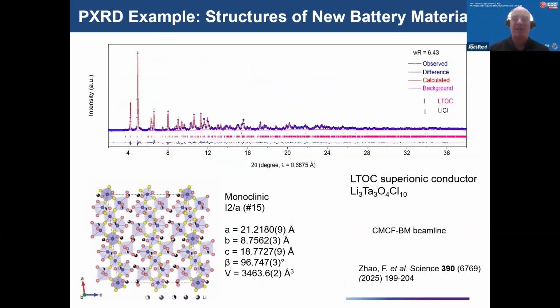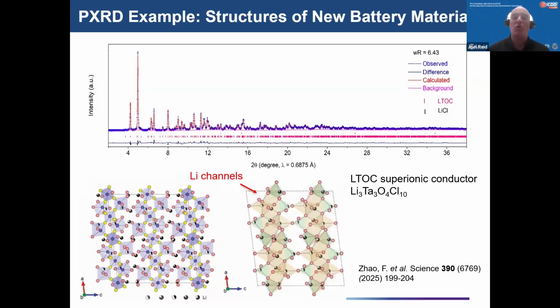The cell is fairly large, and this made the synchrotron ideal for indexing the cell and solving the basic columnar structure. But the mixture of very heavy tantalum and very light lithium atoms meant that neutron diffraction with ab initio molecular dynamics calculations were required to help determine the lithium ion positions.